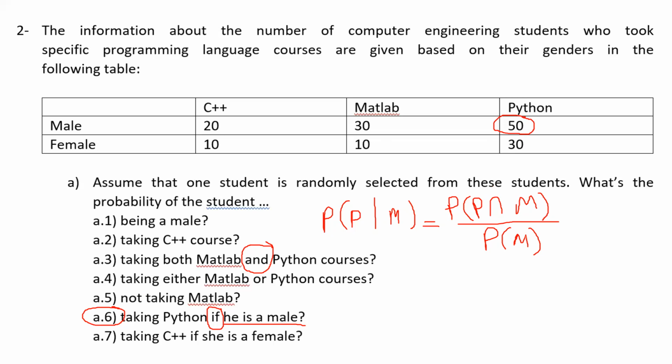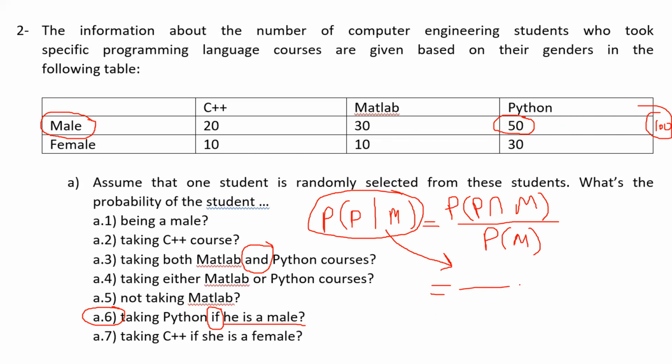But there is also another way which is easier for tables. So in that scenario, by directly looking at this one without using the formula, I can say that we are talking about only males, not females. So what was the summation of males? 100 of them. We have 100 of them in the class.